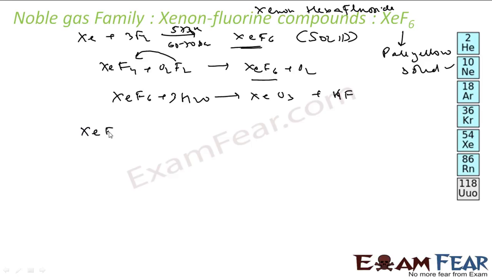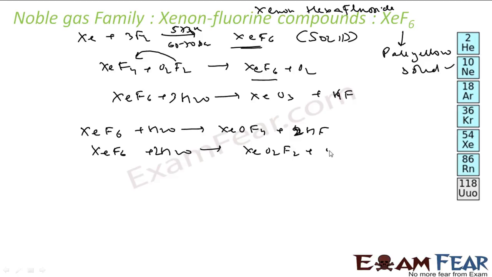Just understand this. You do a hydrolysis of this xenon hexafluoride, you get XeOF4 plus HF, and if you do hydrolysis with more water, you get XeO2F2 plus 4HF.